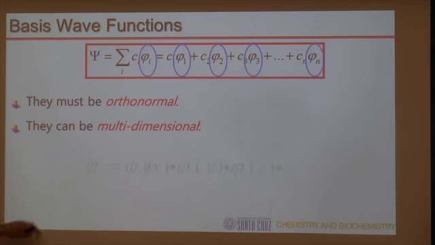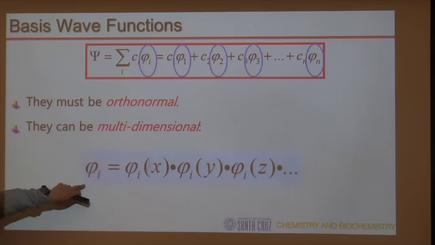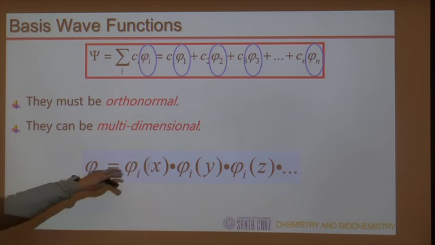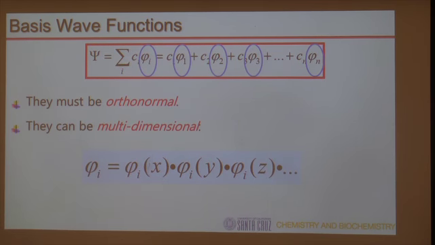Okay. So here, still remember that for each wave function composed of different dimensions, the total wave function of that particle, of that system, is found by multiplying all the wave functions from different dimensions. Remember that in a particle in a box, when we talk about a three-dimensional box, we simply need to know what the wave function looks like in each dimension, and then we multiply them together.